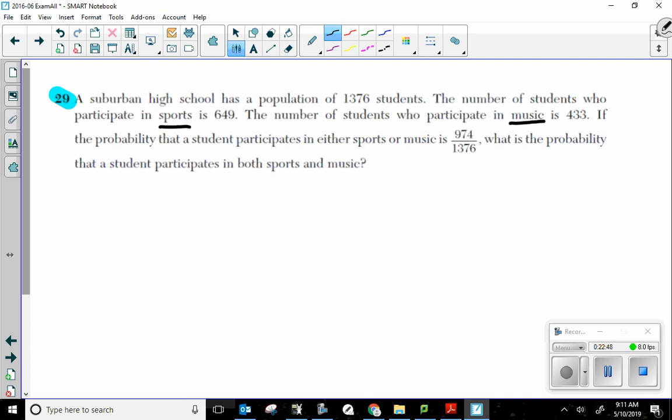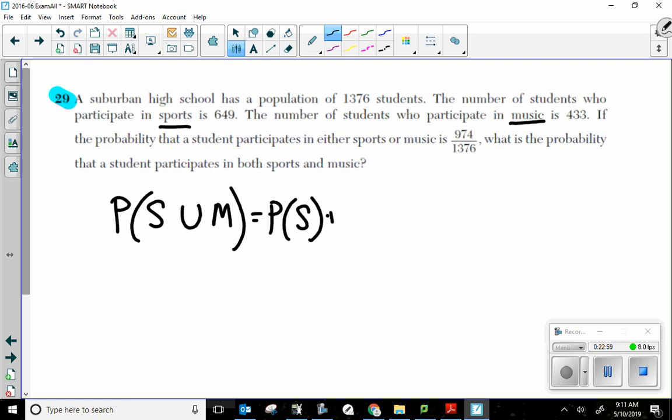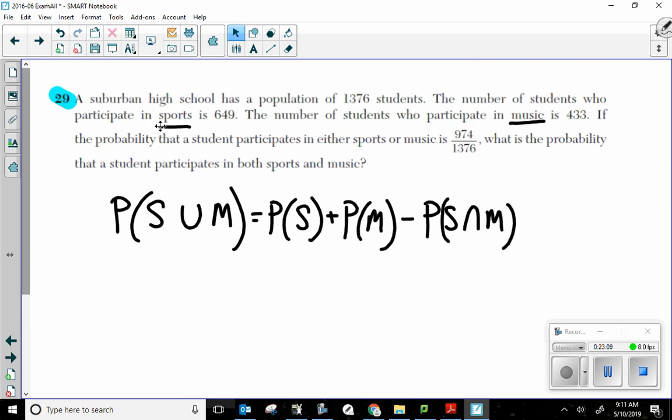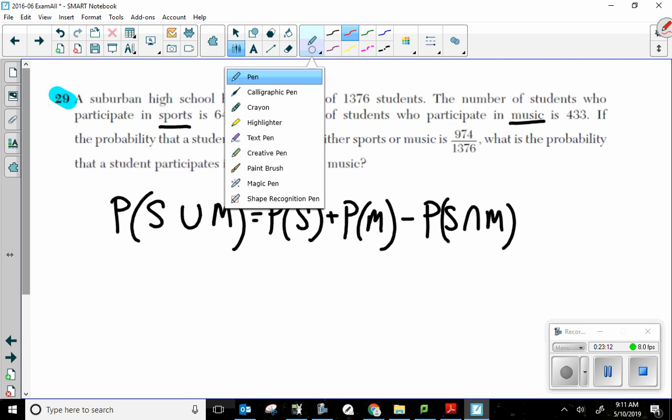So the probability of sports or music is the probability of sports, plus the probability of music, minus the probability of both sports and music.